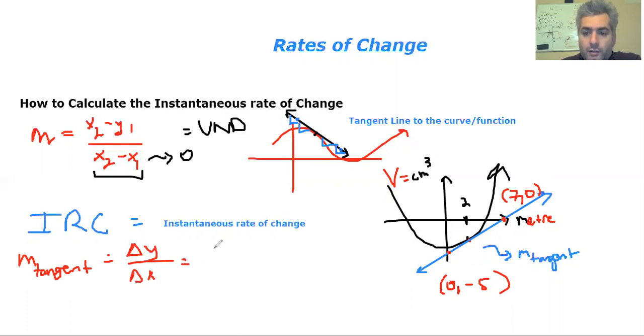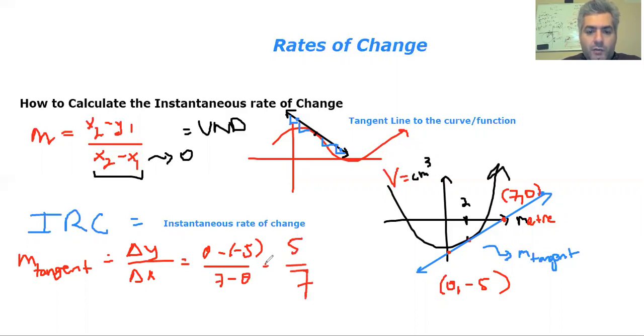Change in y, you have -5. We can start with the far right here. So you have 0 minus 5 over 7 minus 0. That would give you 5 over 7.